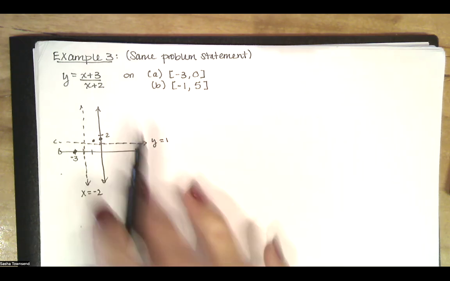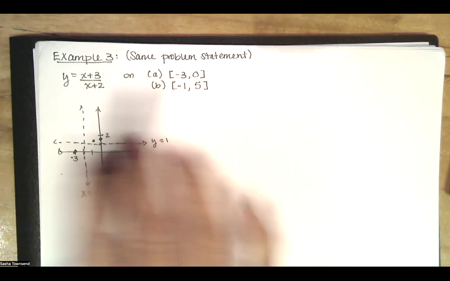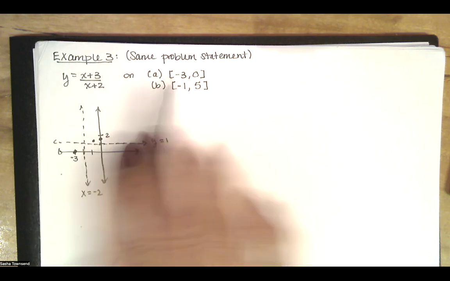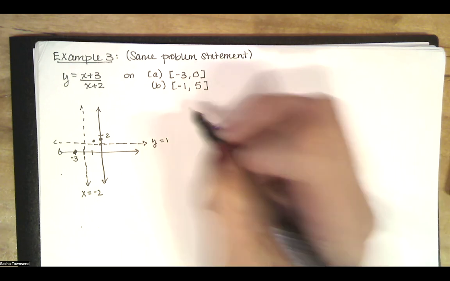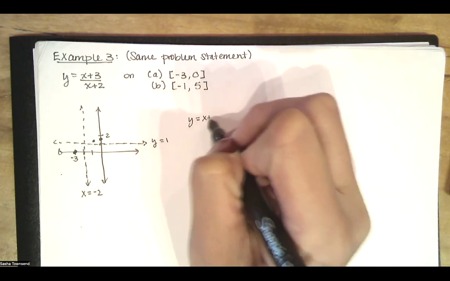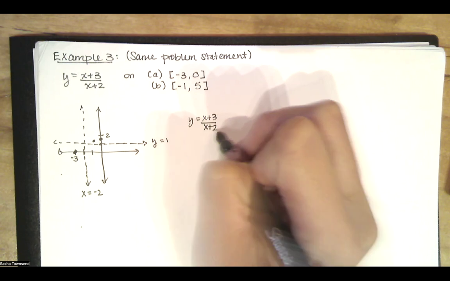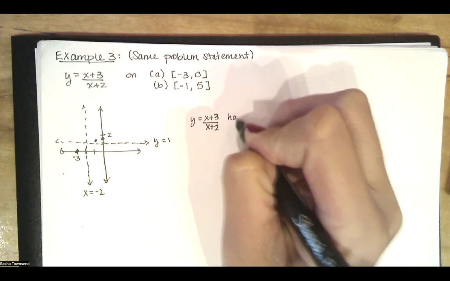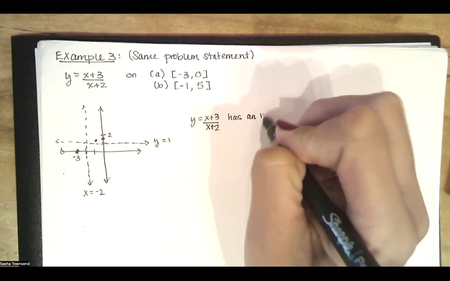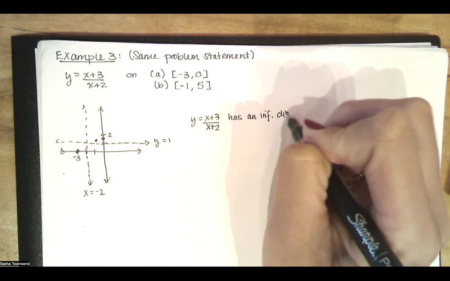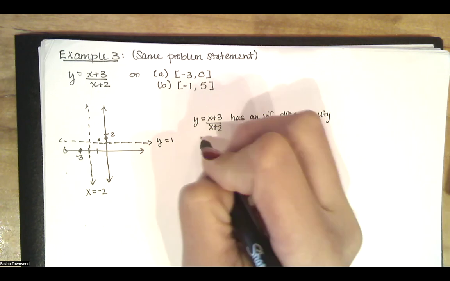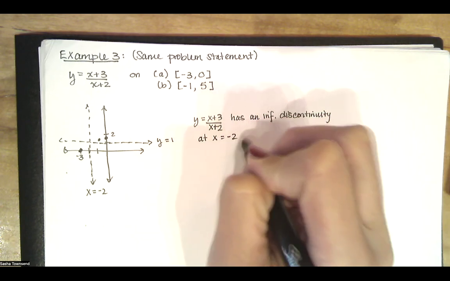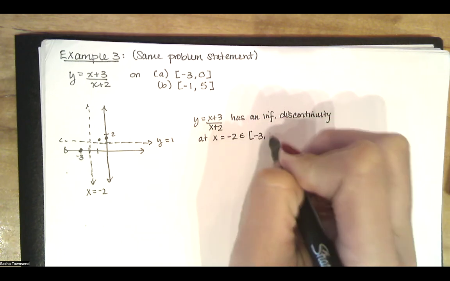You might be saying to yourself, okay, does the mean value theorem apply to this function on this interval? The answer is no. Y equals x plus 3 divided by x plus 2 has an infinite discontinuity at x equals -2, which is in the interval from -3 to 0.